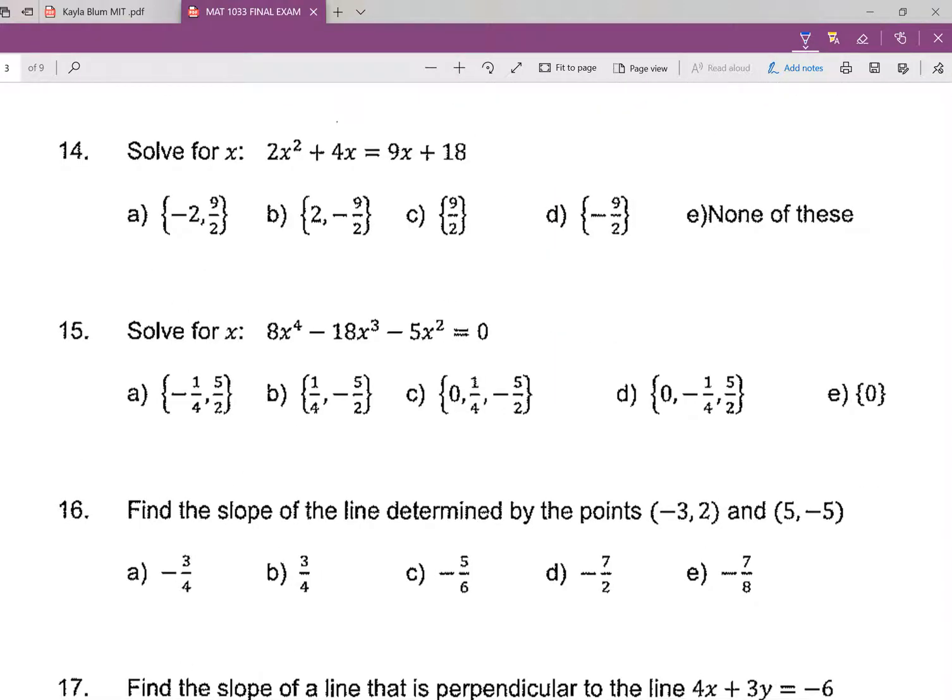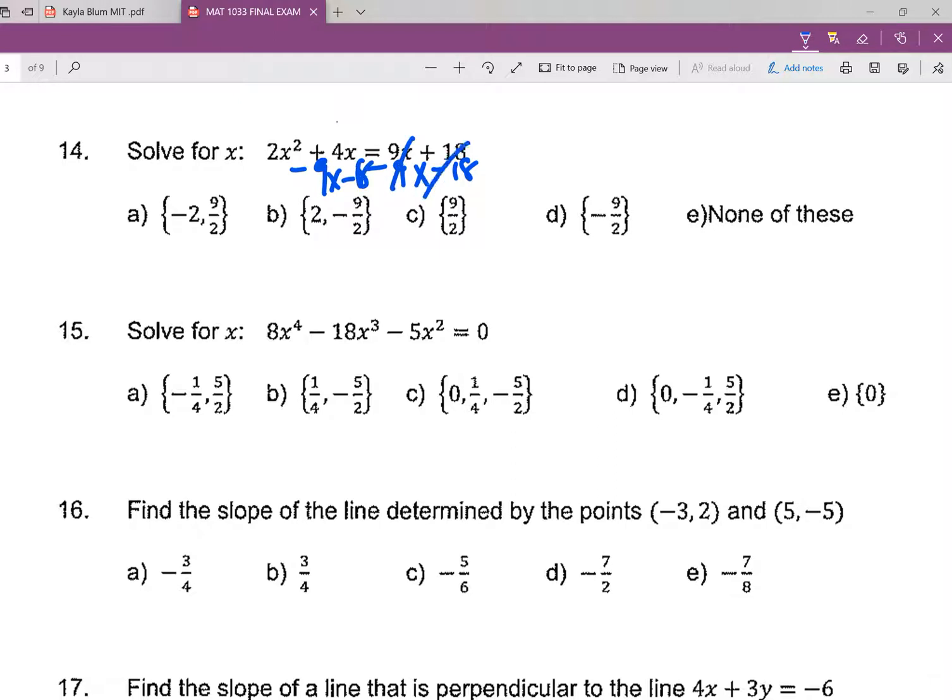Alright, number 14. In number 14, again, solve for x. So it's really a factoring question. If you factor this out, you would subtract the 9x and subtract the 18 and bring it to this side. So I would subtract the 9x and subtract the 18 on this side.